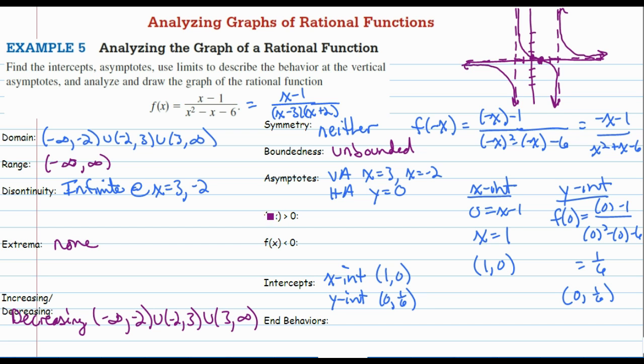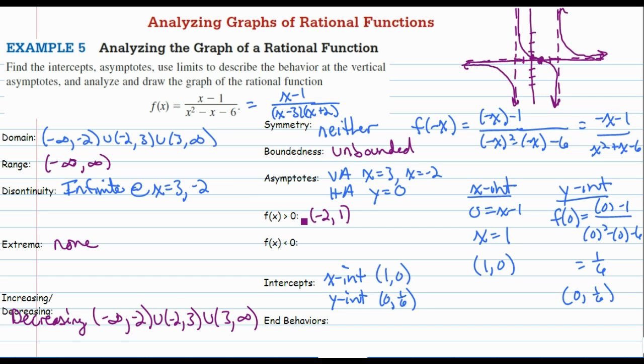Now, where are the f of x values greater than 0? So in other words, where are the y values greater than 0? Well, that occurs from the vertical asymptote until the x-intercept. So from negative 2 to 1, and it doesn't include 1 because 1 is where the graph equals 0.